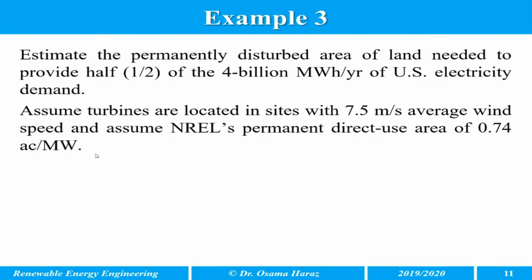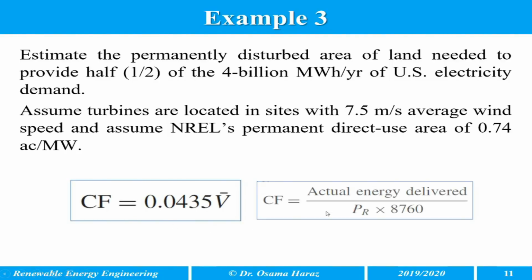So in this example, you need to calculate the total amount of energy delivered. So we are going to use this formula. We need to know CF and PR. How to calculate CF from this formula? CF equals 0.0435 times the average speed.